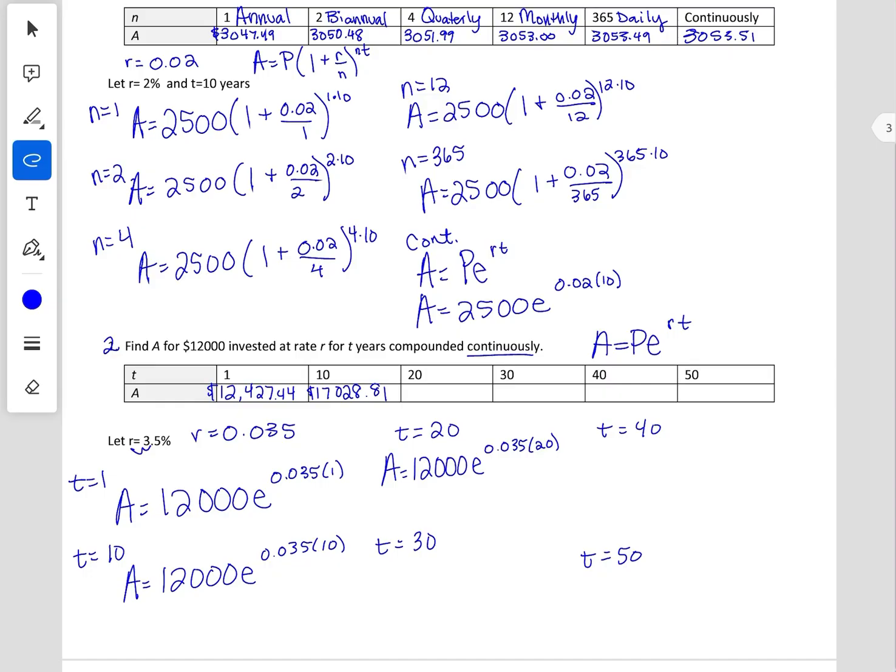These are easy to change in our calculator, which is good. 24,165 and 3 cents. Okay, 30 years: 34,291 and 81 cents.